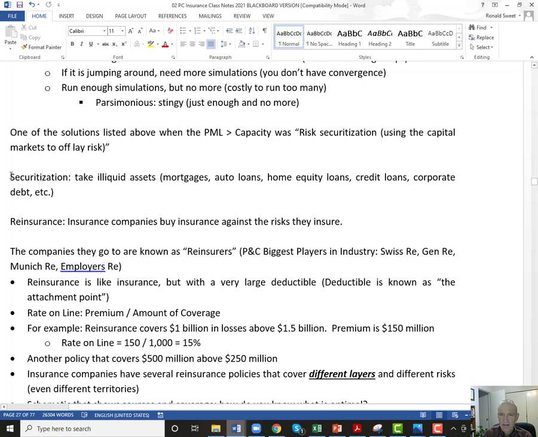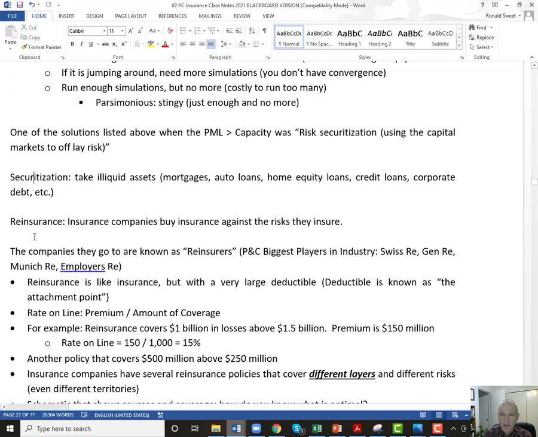So we'll come back to this. Securitization is a pretty cool concept. It's where financial engineering and the financial markets have gotten pretty sophisticated, coming up with new ways of managing risk, using the full strength and massive size of the capital markets.